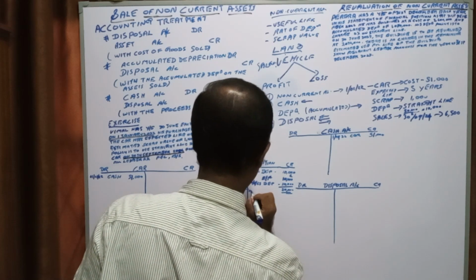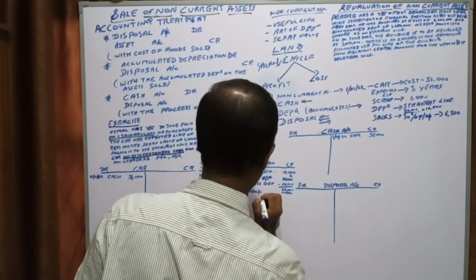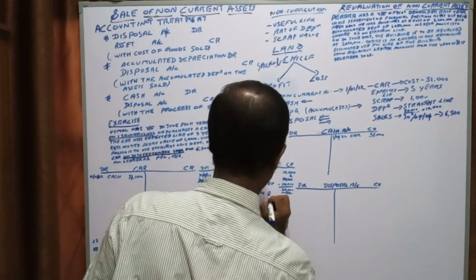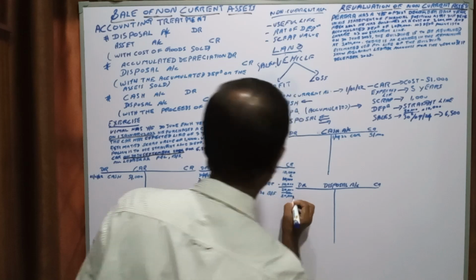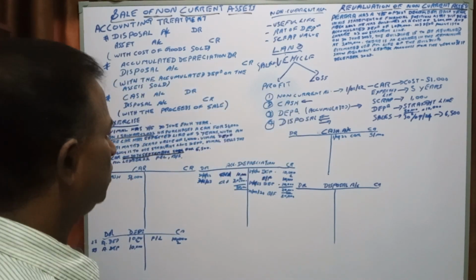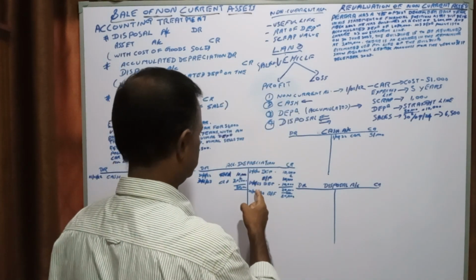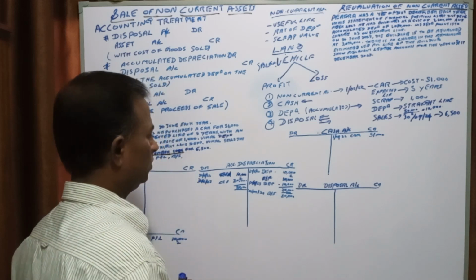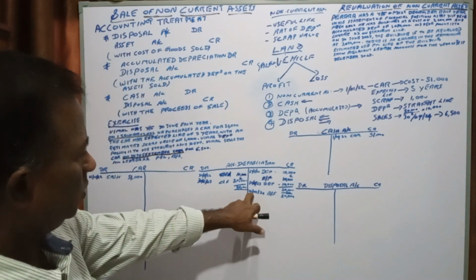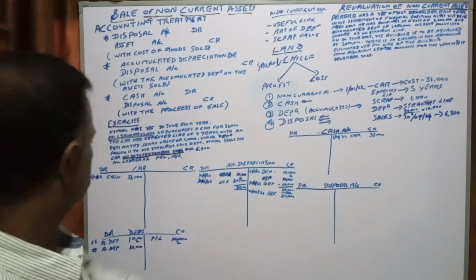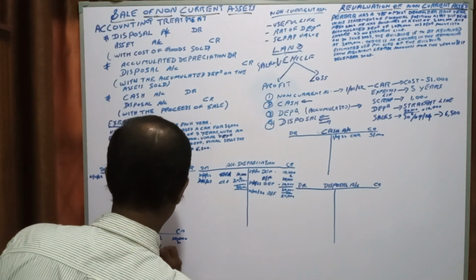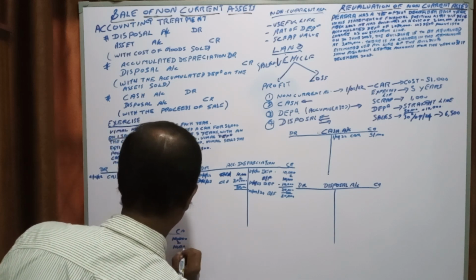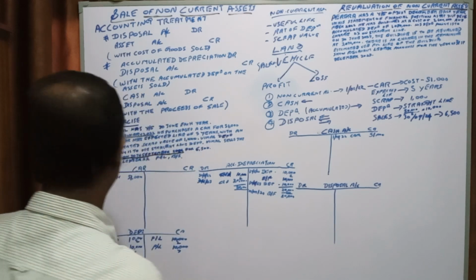On 1st July 2024, brought forward 20,000. Here it goes to the profit and loss account, 10,000. Finished.